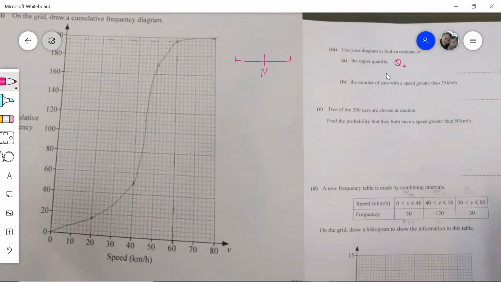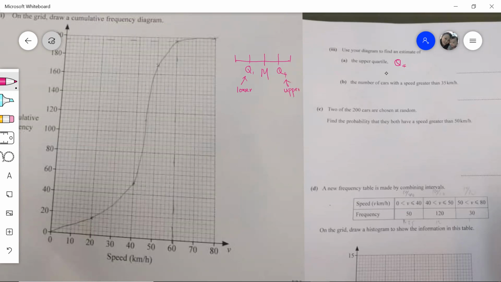The median will be right in the middle. Then the first half, if we divide into half again, gives us the first quartile. The second half, we divide into half again, so we will have the third quartile, or we call it the upper quartile. This is the lower quartile, and this is the upper quartile.